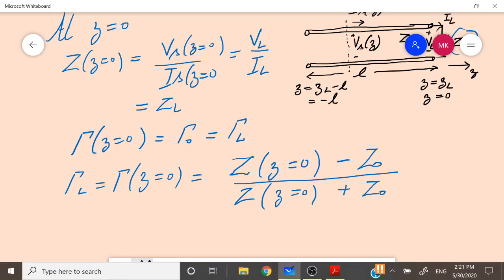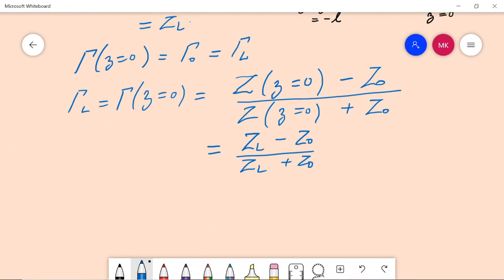Now at Z equals 0, we define the line impedance to be ZL, the load that is connected. So it will be ZL minus Z naught over ZL plus Z naught.